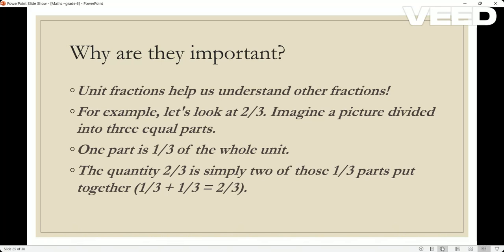Then remember, I will teach you about addition and subtraction. When we are adding fractions, here one third and one third, we don't add the denominators. If they added, the denominator would be 6.